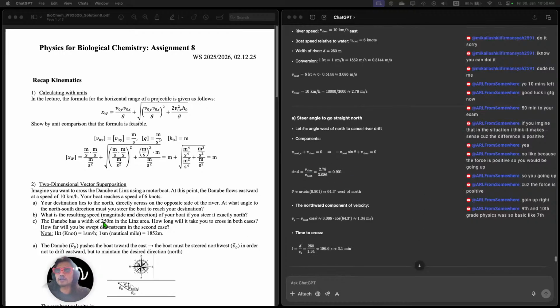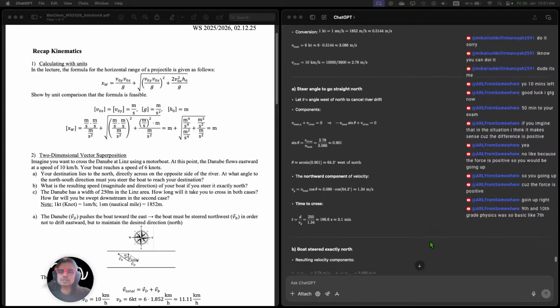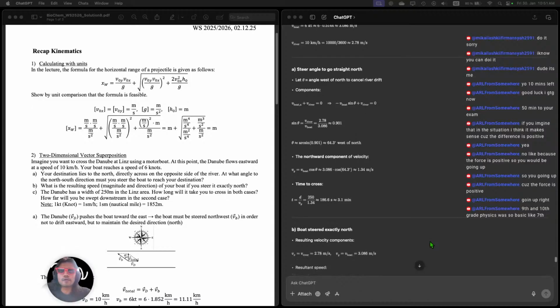So I got the angle. What is the resulting speed of the boat if you steer it exactly north? Exactly north. Oh, we got the time too. 64 degree.